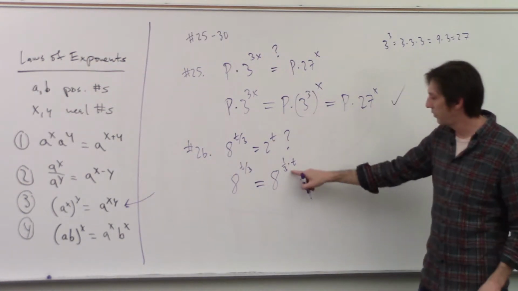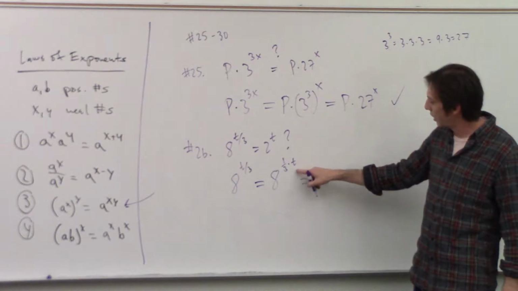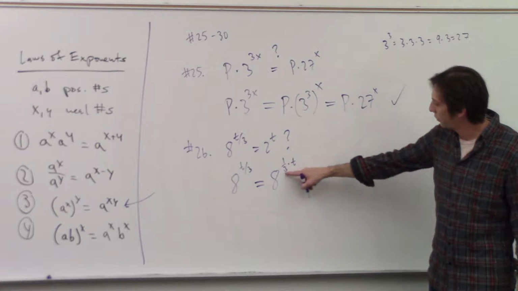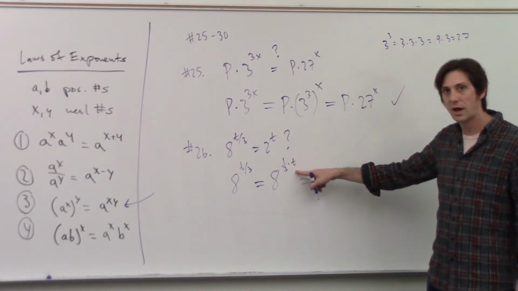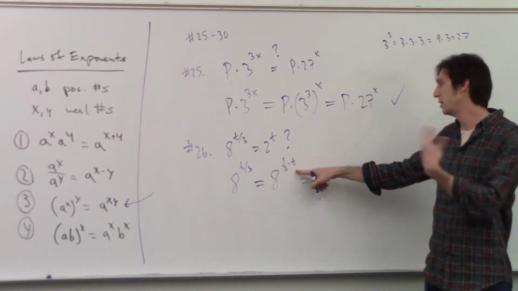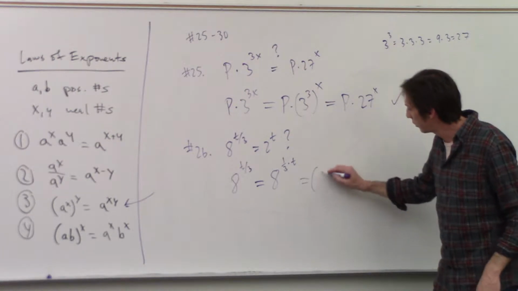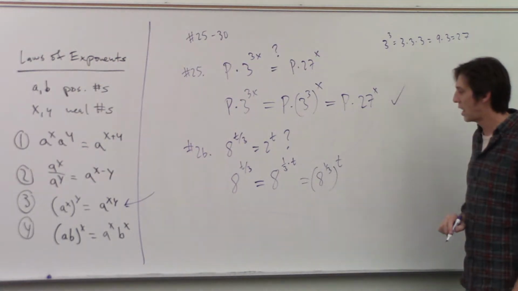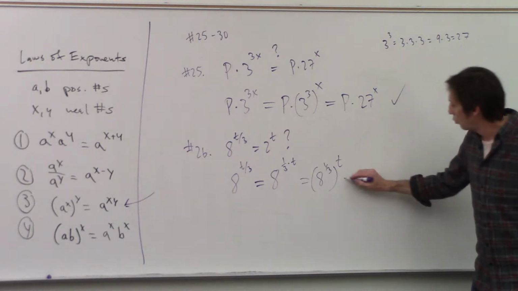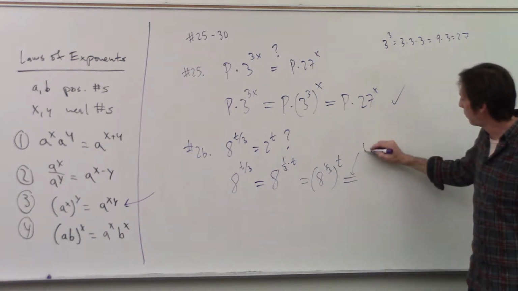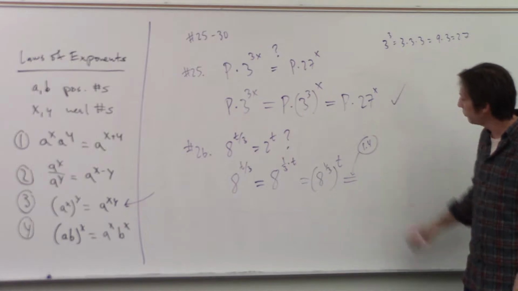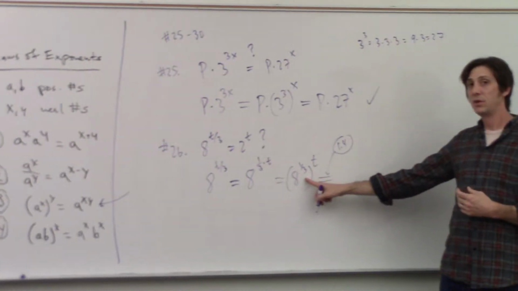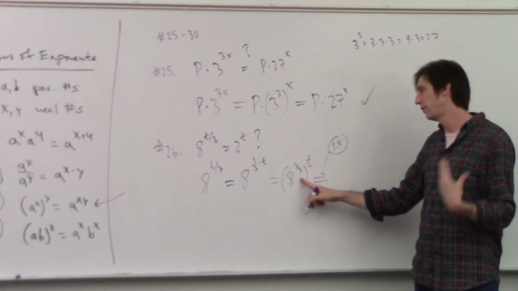And now I see in the exponent that I'm multiplying two things together again. So just like in the previous expression, we can consider this product in the exponent as an exponent raised to another exponent. In other words, this is 8 to the 1/3, all raised to the tth power. What you remember from section 1.4 is that the 1/3 power is the same as the cube root function.